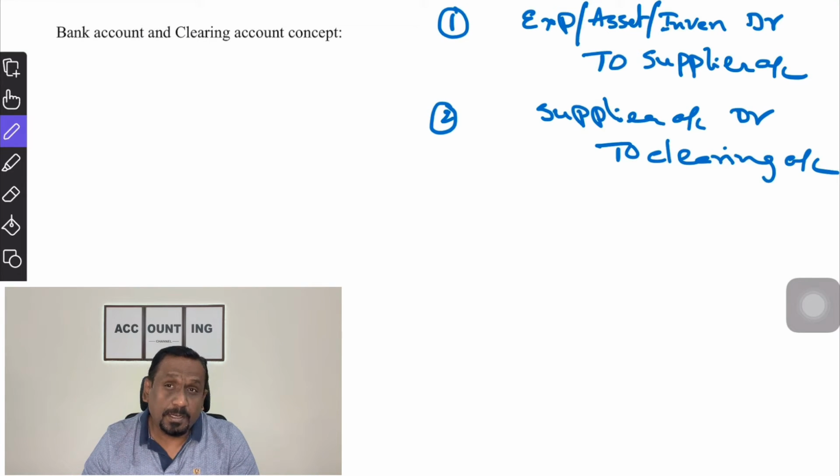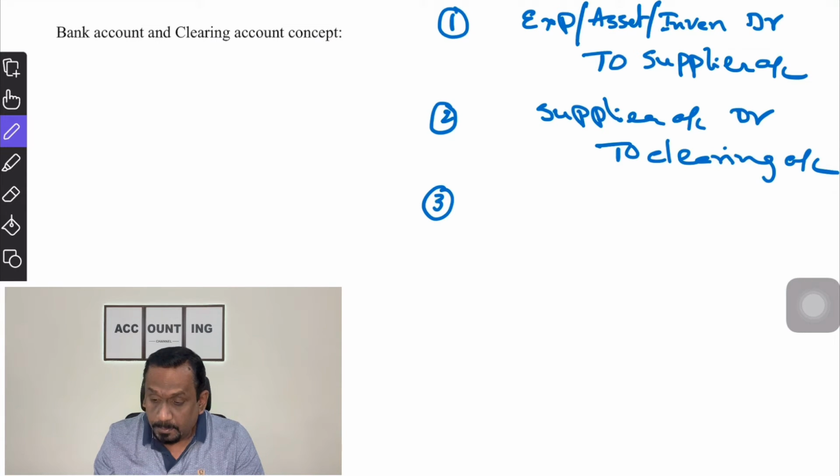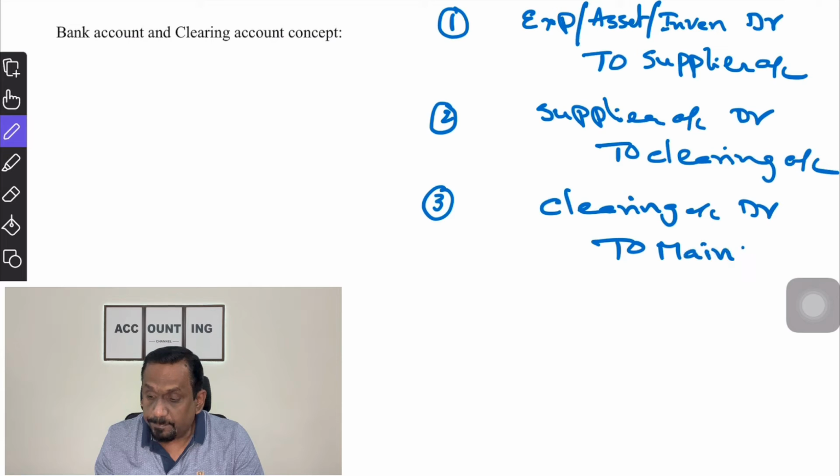What entry will the system post when the bank statement gets uploaded? I am again repeating this entry here. What entry do we post for payment entries? Clearing account debit, main bank account credit.